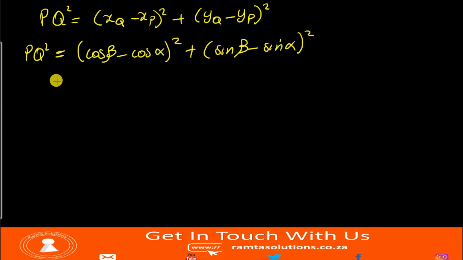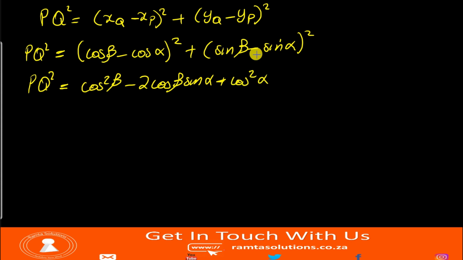Now let's try to simplify these. Expanding this, we have cos square beta minus 2 cos beta cos alpha plus cos square alpha. We're done with this. This is the FOIL method. Expanding on this, we will have plus sine square beta minus 2 sine beta, oh boy, I made a mistake here.